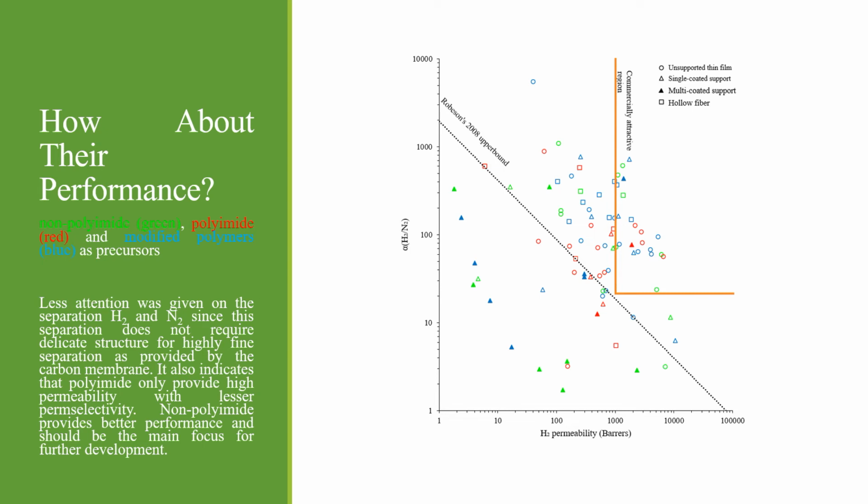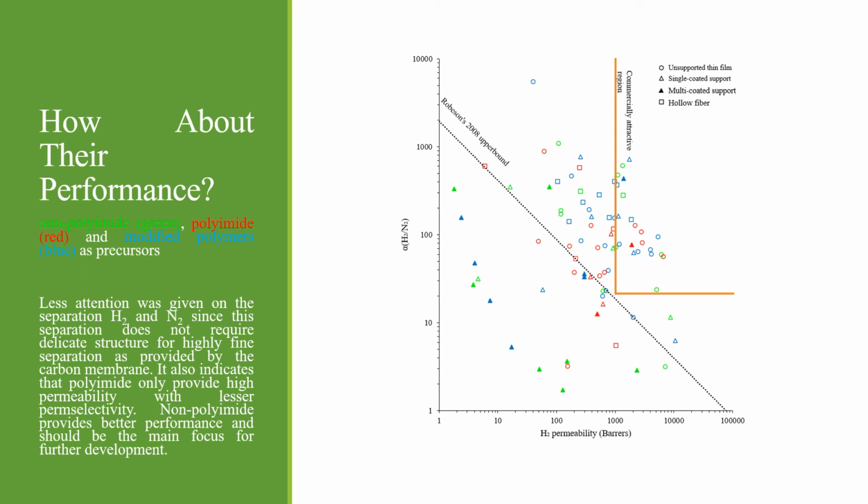Because hydrogen nitrogen separation is not that complicated, we can also produce other types of membrane that do not have as delicate a structure as the carbon membrane. The separation is quite easy because the difference between the kinetic diameters of hydrogen and nitrogen is quite big.